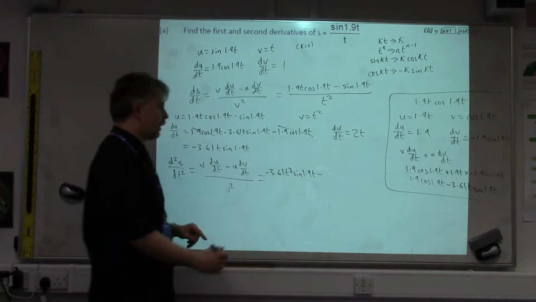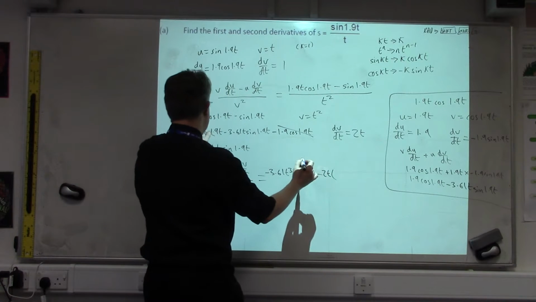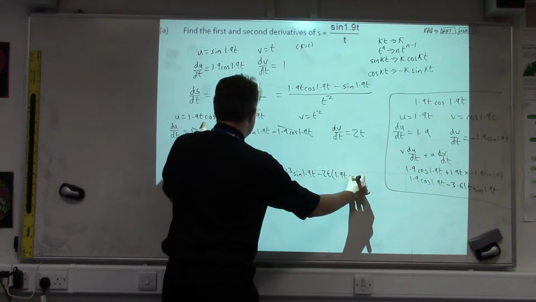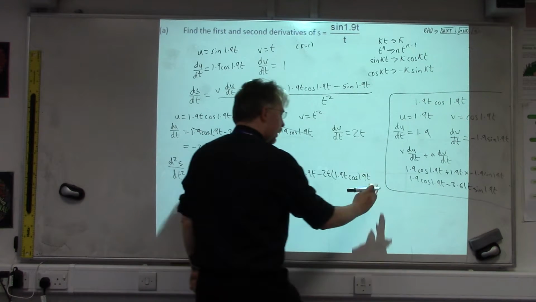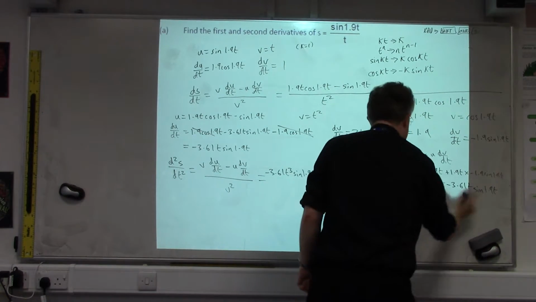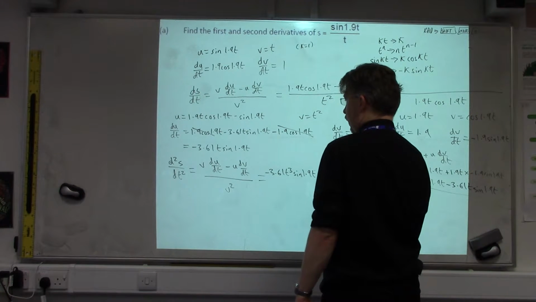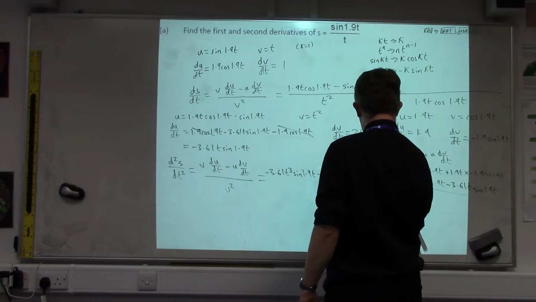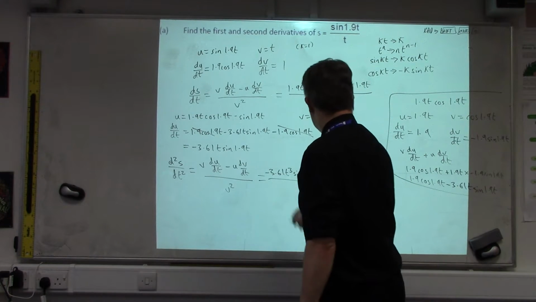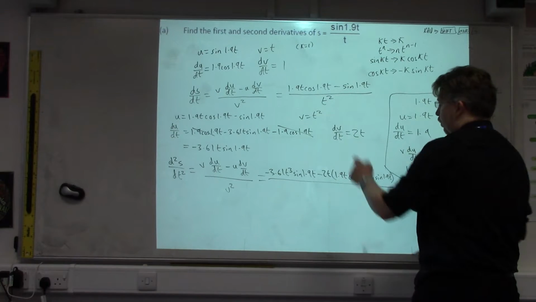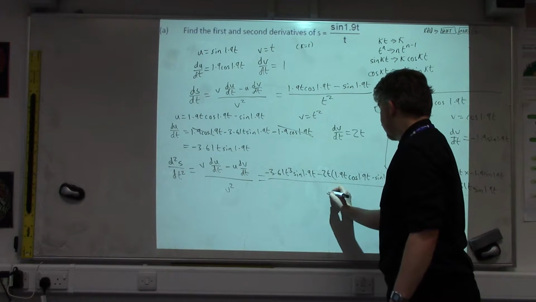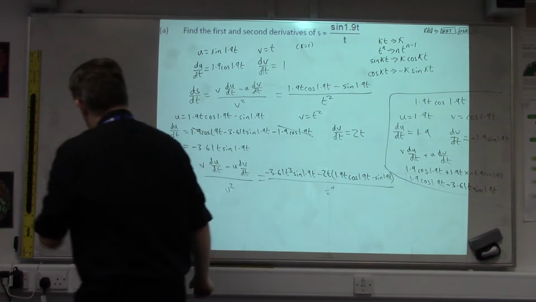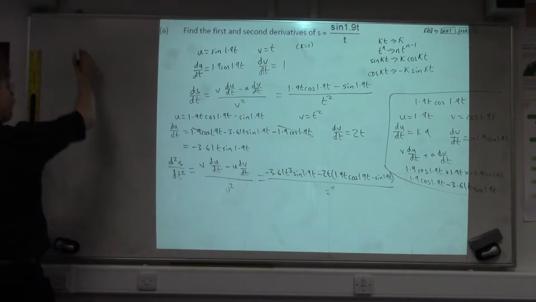We've got 2t times this whole thing, so we can put that in brackets: 2t, open bracket, 1.9t cos 1.9t minus sine 1.9t, close bracket, all over v squared. t squared squared is t to the power of 4. This could be simplified, but you don't need to simplify it to get the required pass from it.